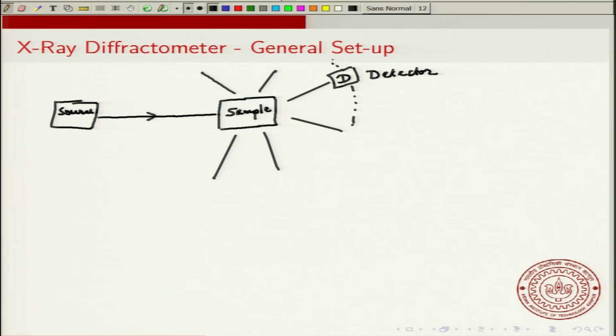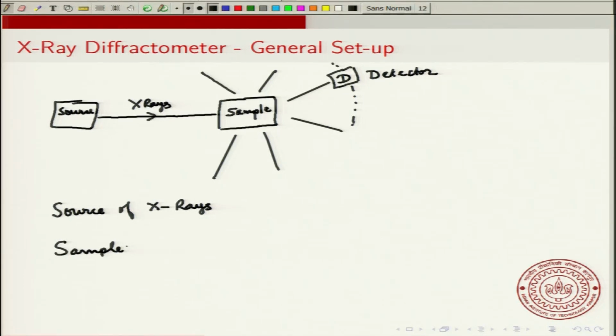So this is the general setup of the X-ray diffractometer. We see that there are three main components. There is the source of X-rays. Then there is the sample that you are using.